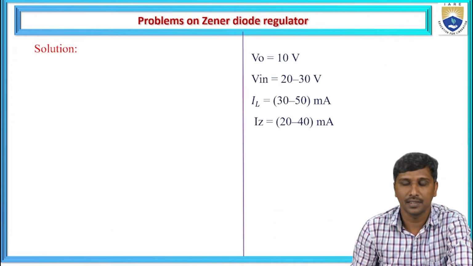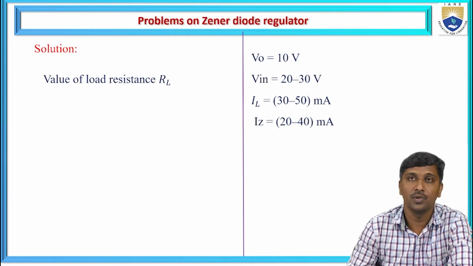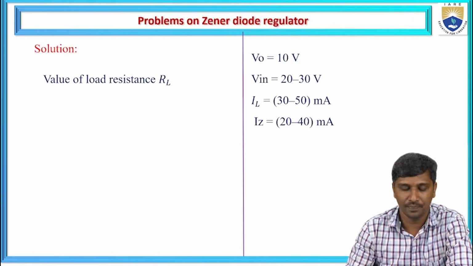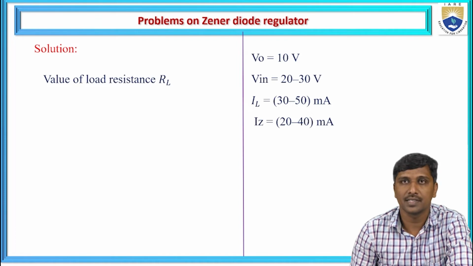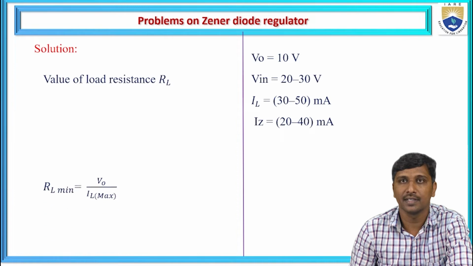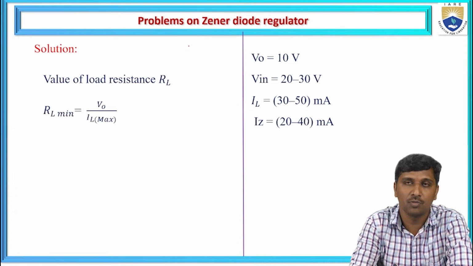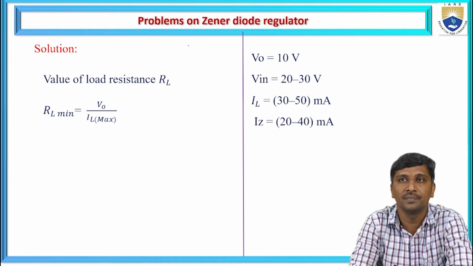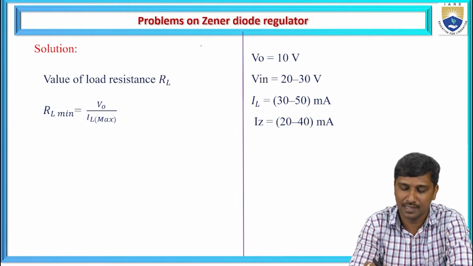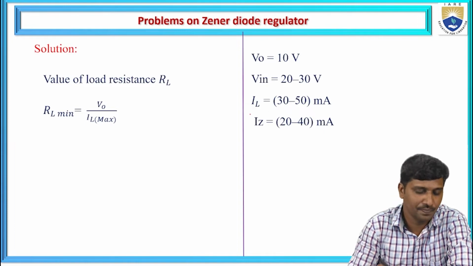Now we need to calculate the load resistance value RL. To find this, we need to determine the minimum and maximum values, that is, how much resistance is needed to produce the minimum and the maximum load current, which lies between 30 to 50 milliamperes.